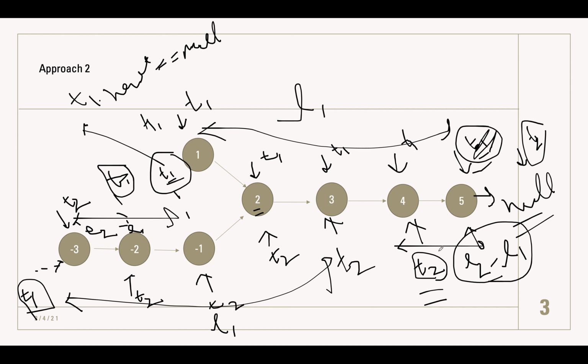So we calculated the difference in a slightly trickier manner, and then we manipulated the first pointer to reach the point of intersection. Hope this approach is clear to you as well, and let's quickly code both these approaches.